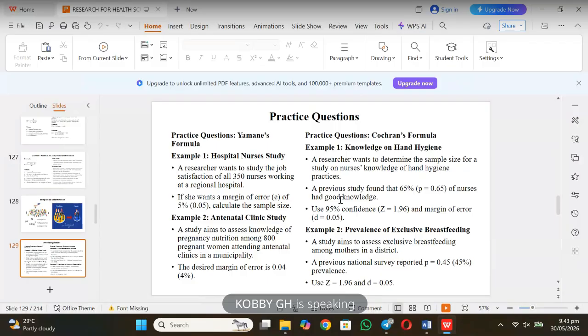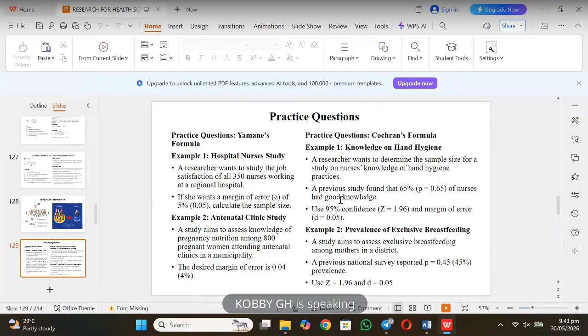What it means is that their proportion, the P is 0.60. The 60%, you divide it by 100, you get 0.60. Is that okay? So with Cochran's formula, you always pick the P from someone's study, and you have to reference the person, or reference that paper. Okay, that is the whole idea with Cochran.